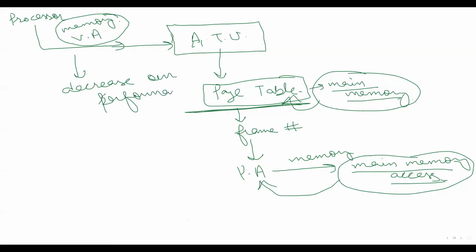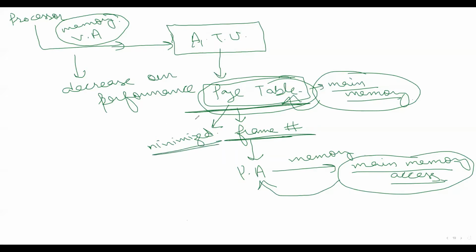We want this scenario to be minimized. Minimized means we should not access the main memory for accessing the page table, but there is no way that we can get the frame number without accessing the page table. So how can we minimize this?